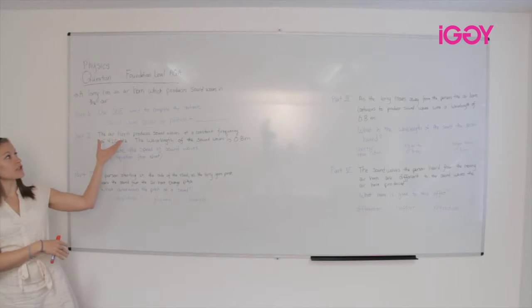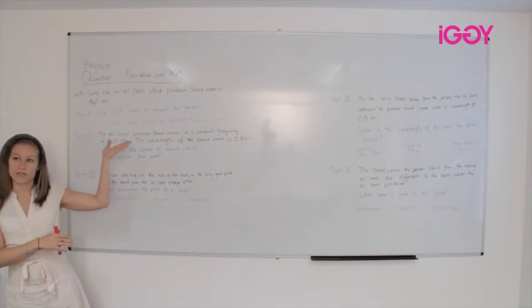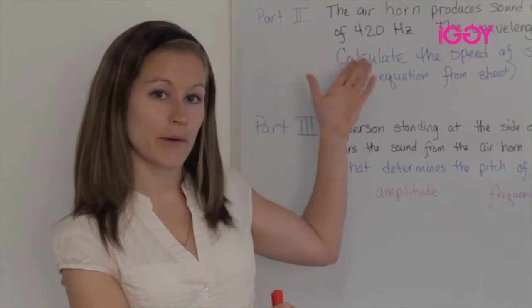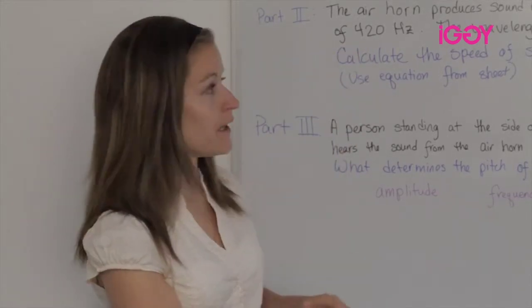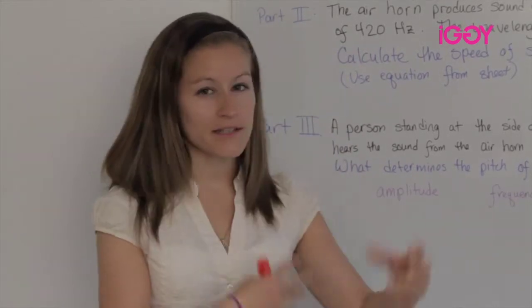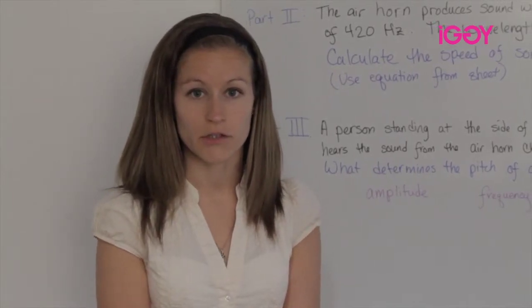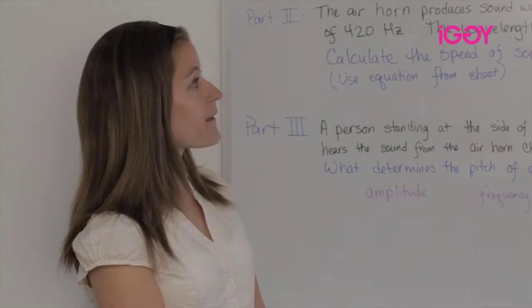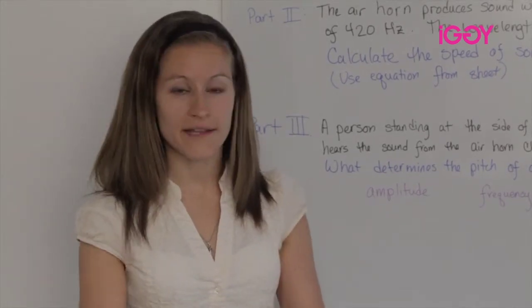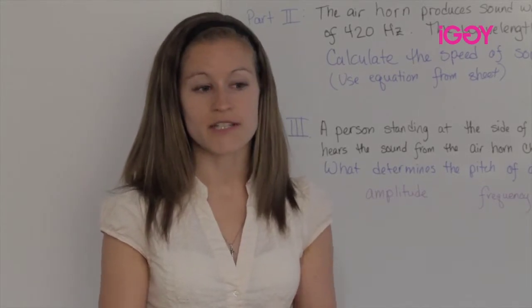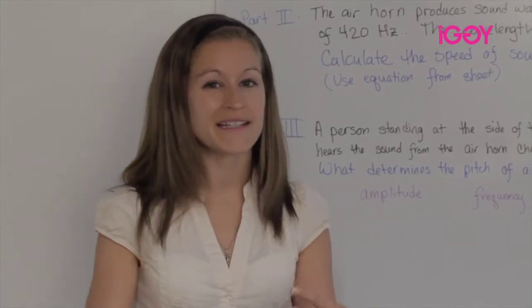The first section just says, use one word to complete the following sentence. Sound waves cause air particles to blank. So you can think of lots of concepts about sound and what you've already learned in your classes. One of the things they're looking for here is specific movements of air particles. To say the air particles are moving isn't specific enough.